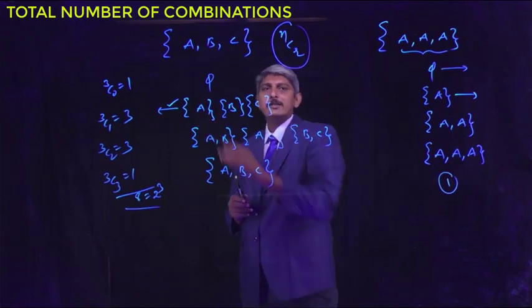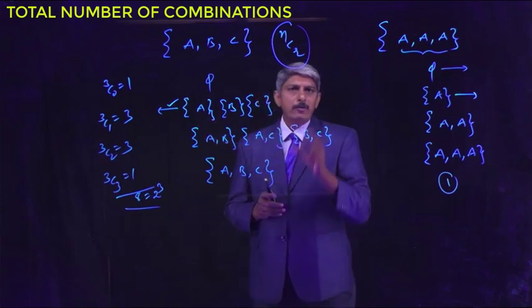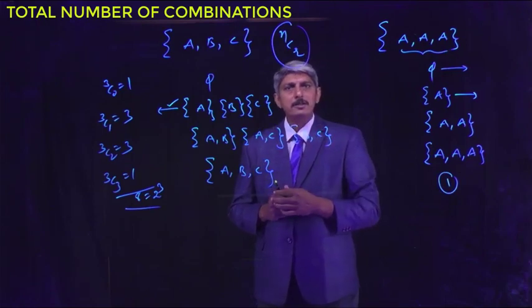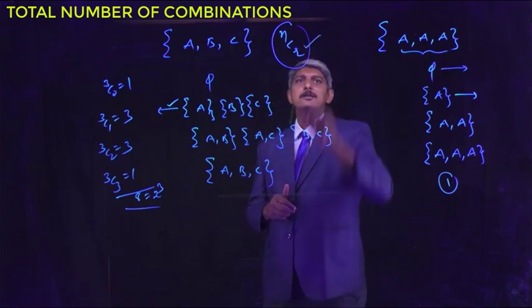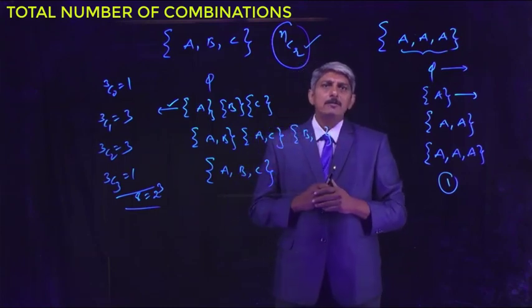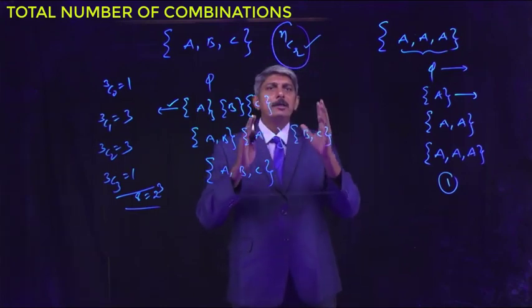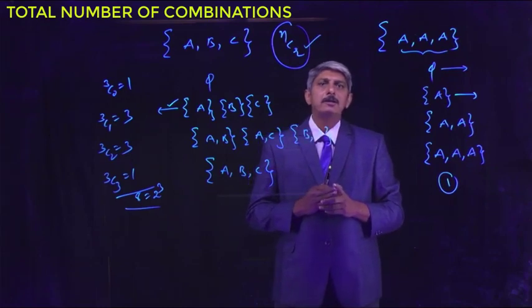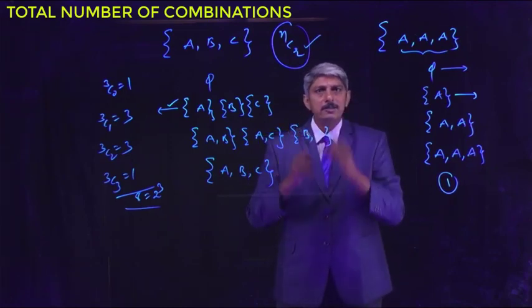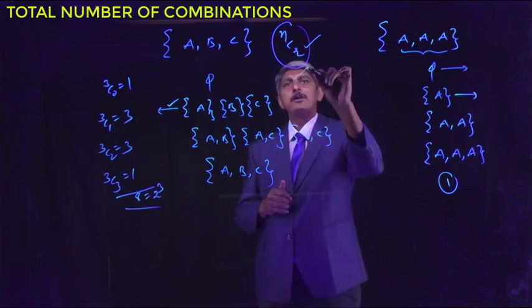But in this case, the number of r element subsets using n dissimilar things, what is the formula? That is nCr. So what about the given set? Whether the given set contains like objects or distinct objects. If the given objects are distinct, then we apply the formula nCr.